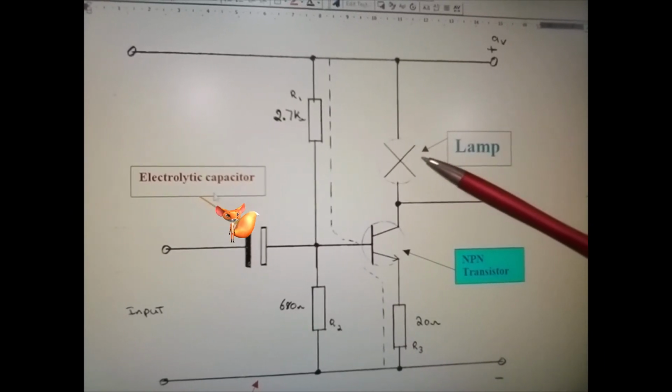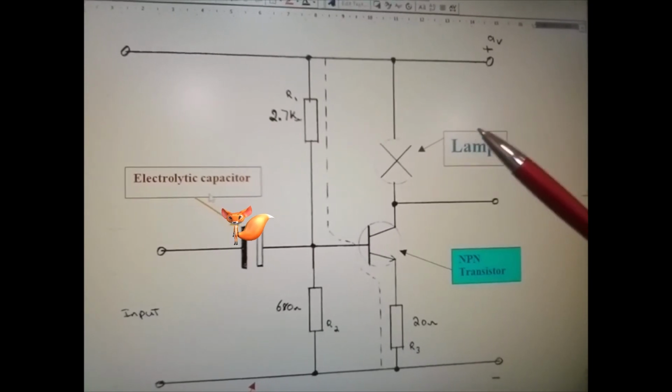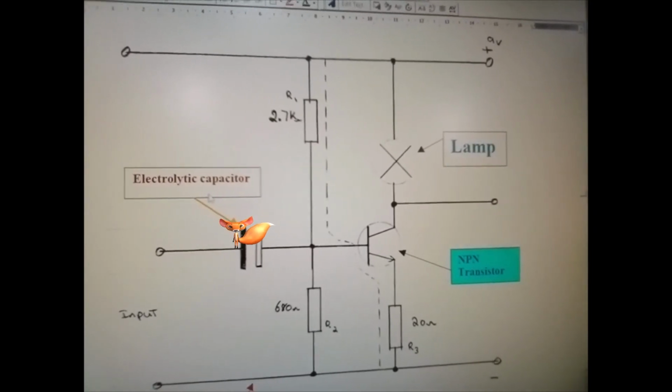The lamp here is acting as your collector load, okay, in this case.